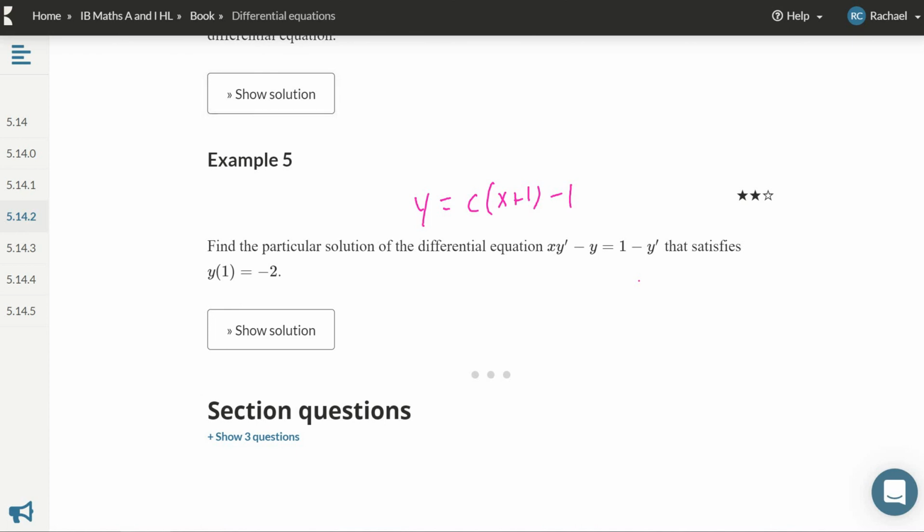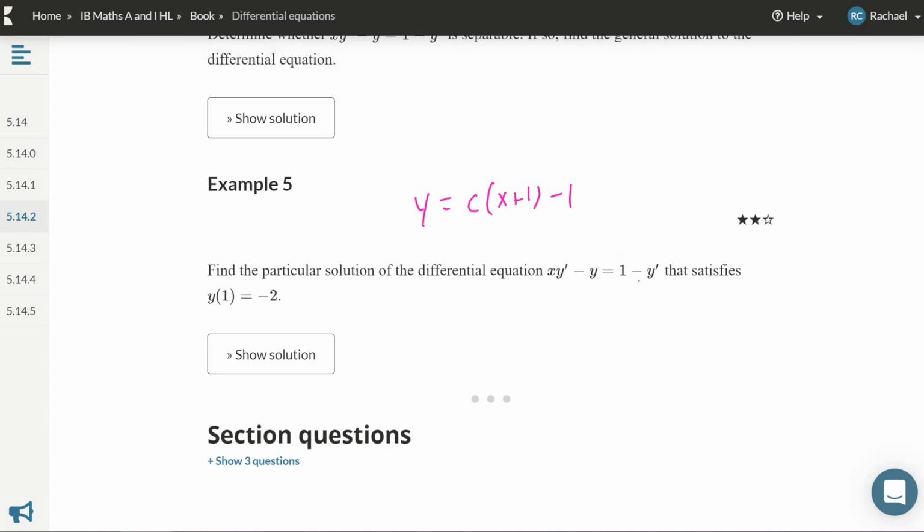So the particular solution would just be literally plugging that in. So we get negative 2 equals c times 1 plus 1, which is 2, minus 1. So c would be negative 1/2.